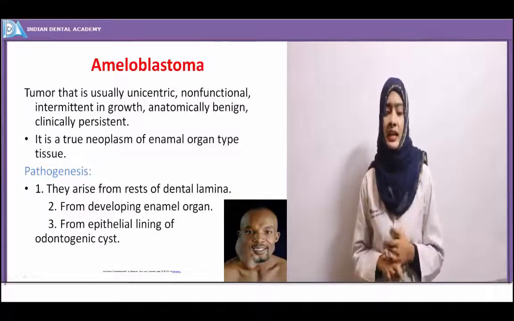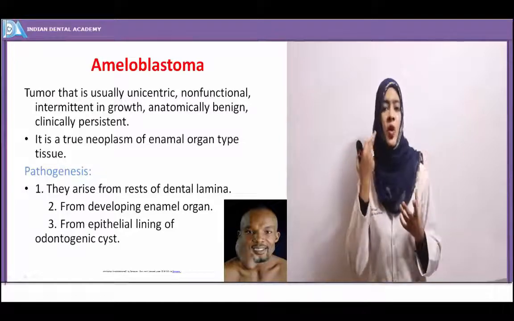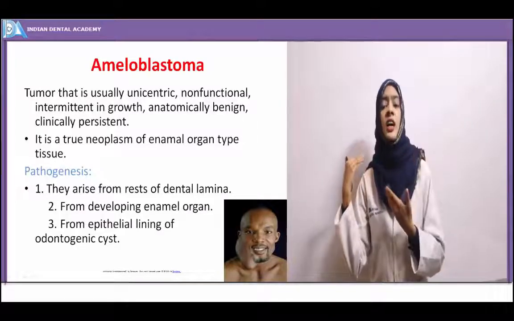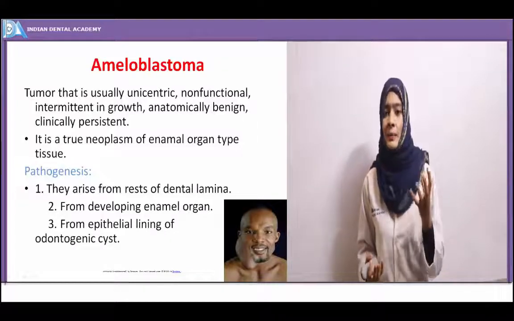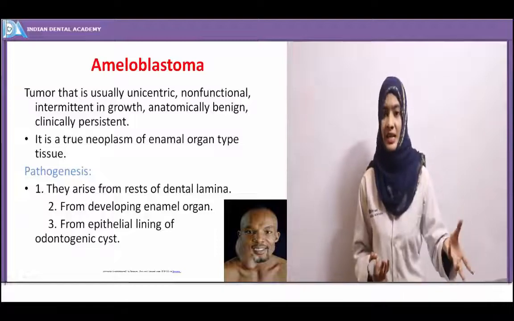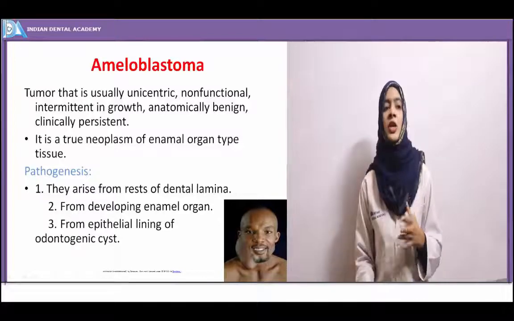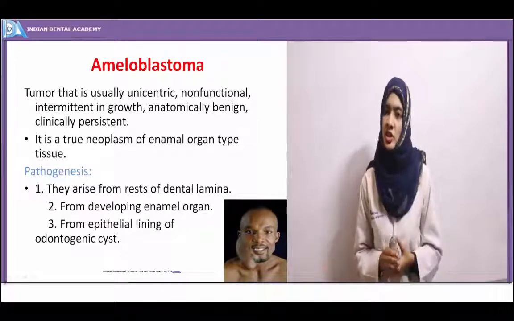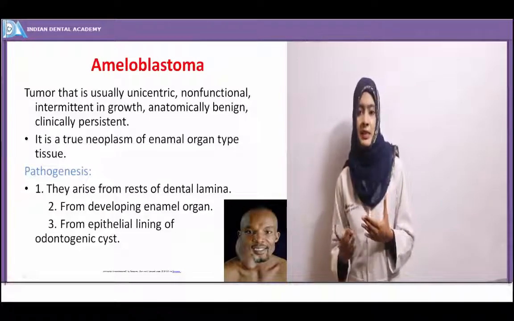Another characteristic of ameloblastoma is that it tends to spread, involve the bone and infiltrate the adjacent tissues. Despite being a benign outgrowth, it appears that it is metastasizing or spreading very rapidly. It is invasive in nature, so it gives a clinical picture of invasion because of its expanding capacity.